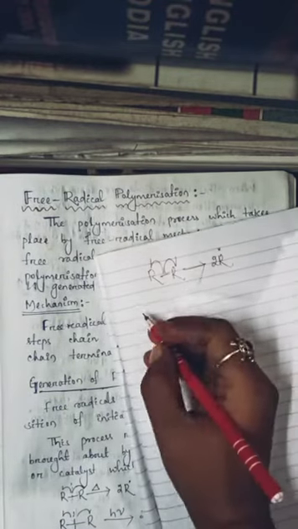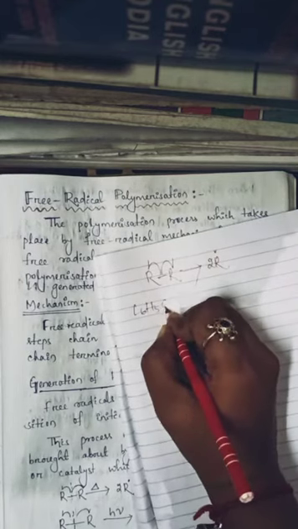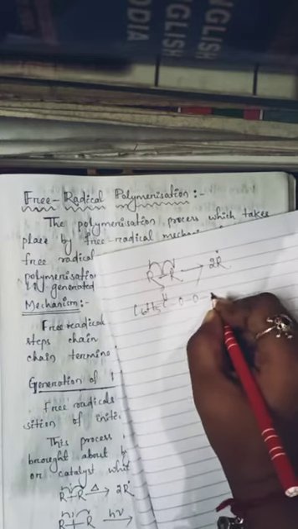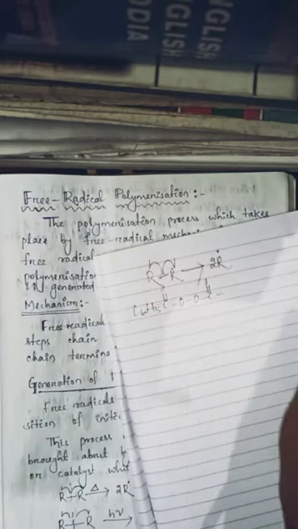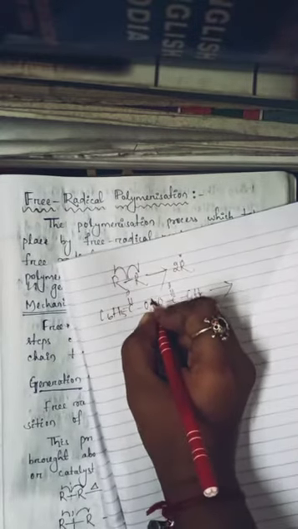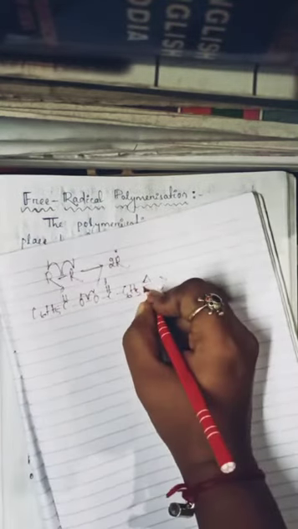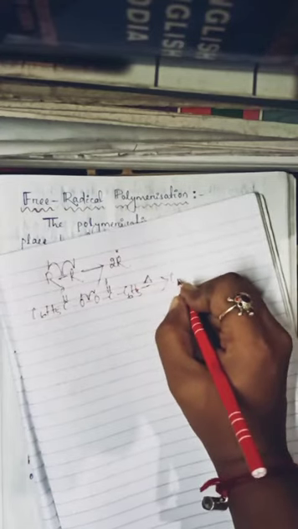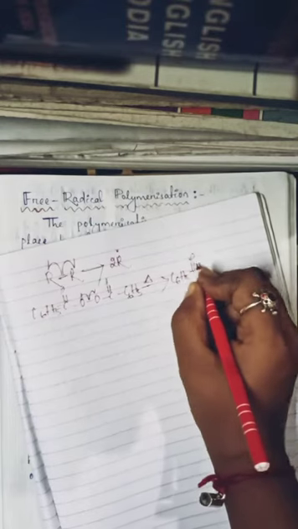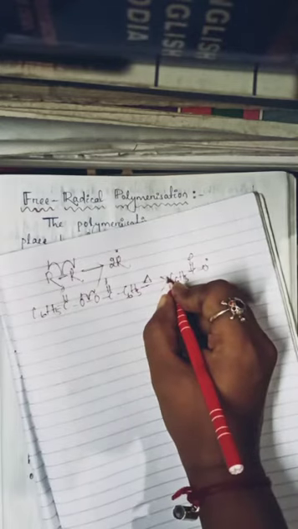Example, C6H5 C double bond O, single bond O, C double bond O, C6H5. Homolytic decomposition takes place on heating, then C6H5 C double bond O, single bond O radical.